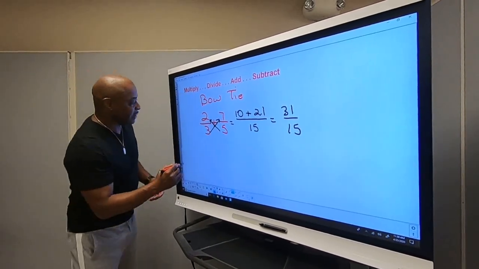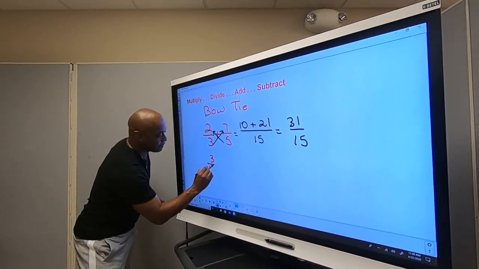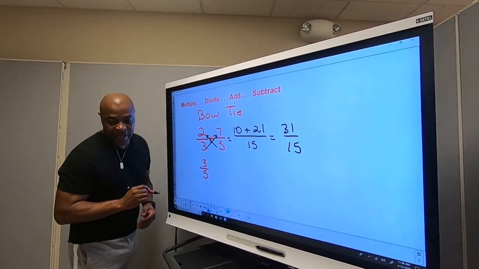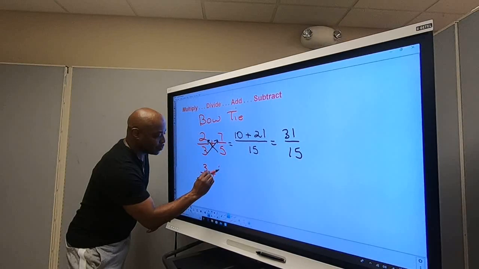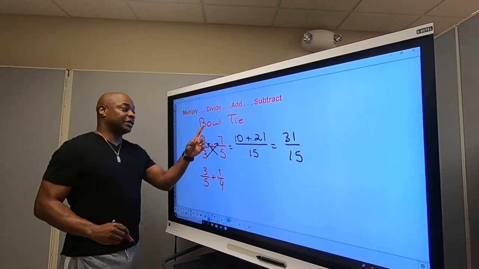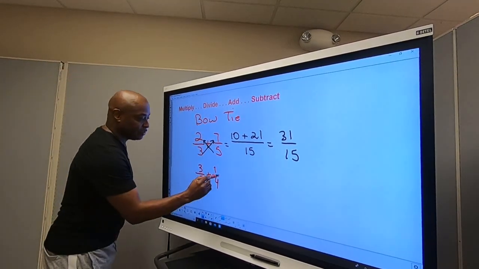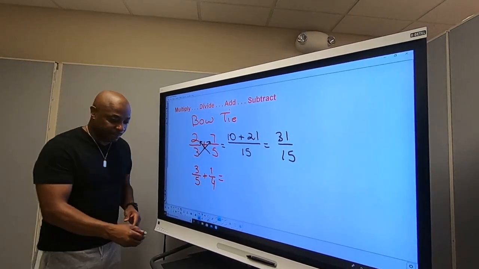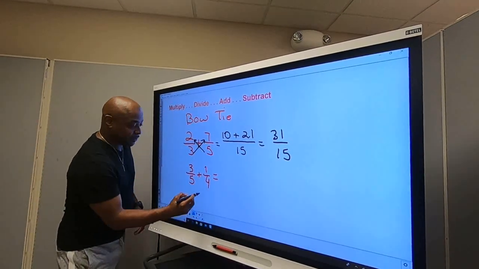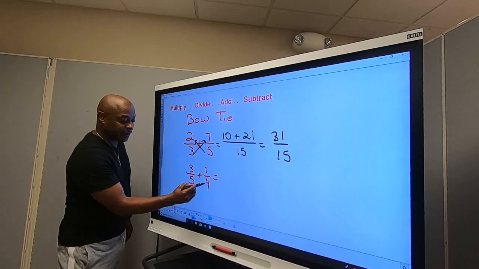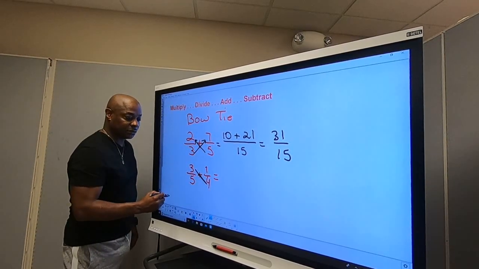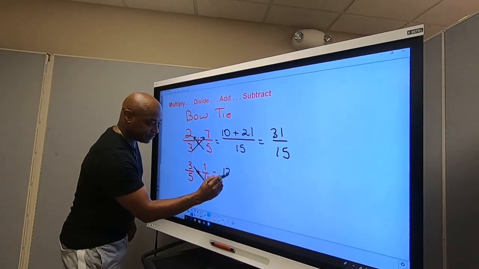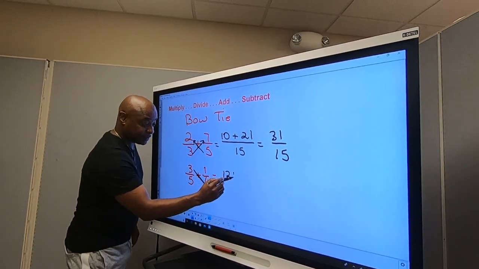So now, we're going to take 3/5 and we're going to add it to 1/4. Now, let's do the bow tie method. In the bow tie method, we're going to say what? 4 times 3. 4 times 3 is? Good. 12. What are we doing? We're adding, right?